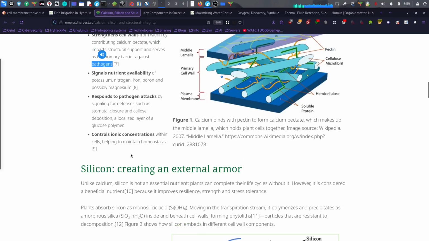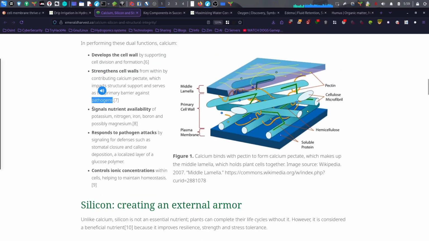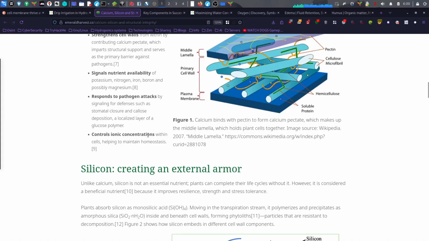Calcium signals nutrient availability of potassium, nitrogen, iron, boron, and possibly magnesium. It responds to pathogen attacks by signaling for defenses such as stomatal closure and callose deposition, a localized layer of glucose polymer. I don't understand. It controls ionic concentrations within cells, helping to maintain homeostasis.